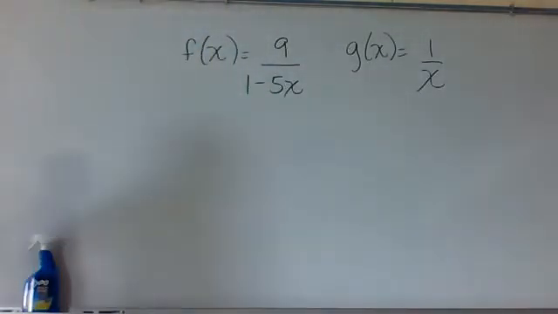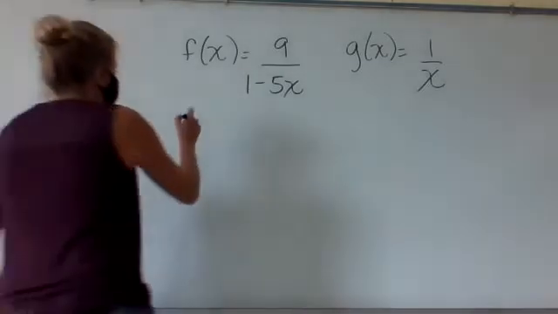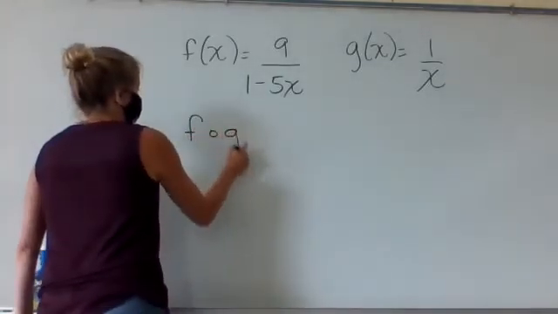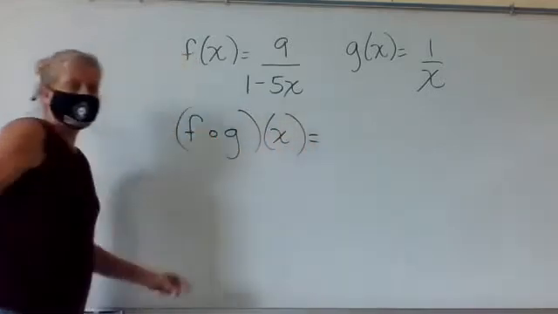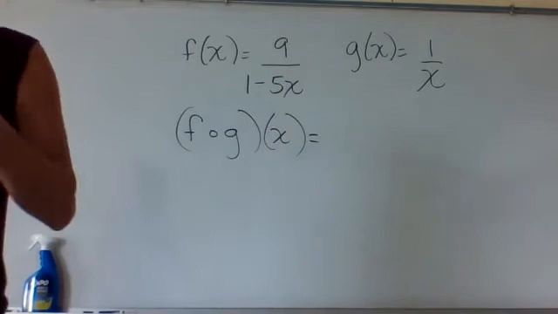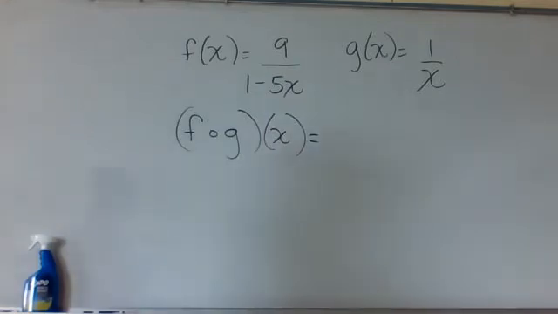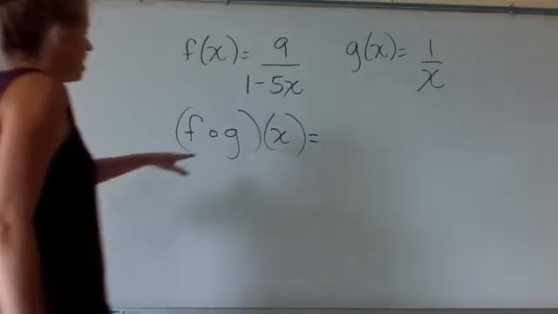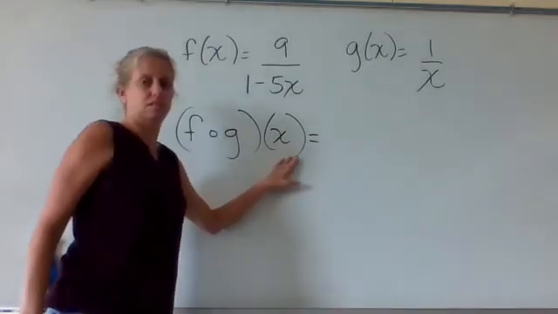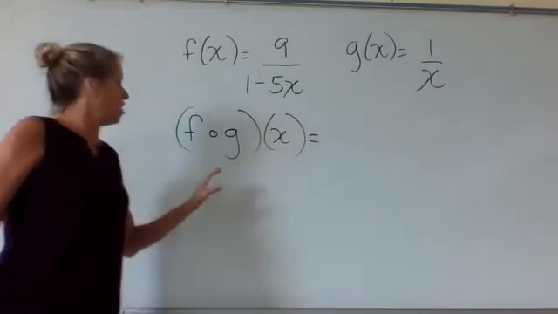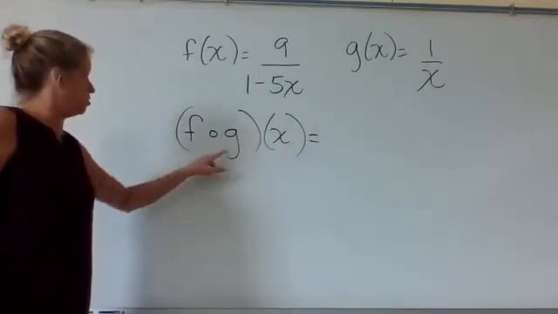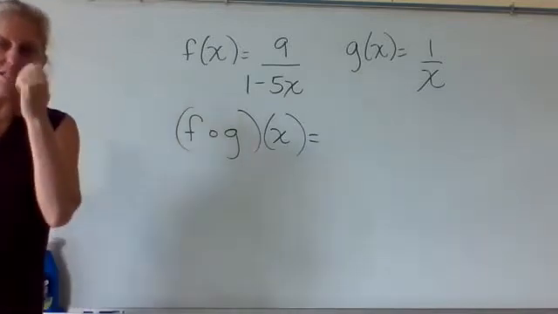So what it's going to want me to do is find, in the first place, f of g of x and then its domain. F of g of x and its domain. And then it's going to ask me to do it the other way around, which would mean in a minute I'm going to do g of f of x and its domain.